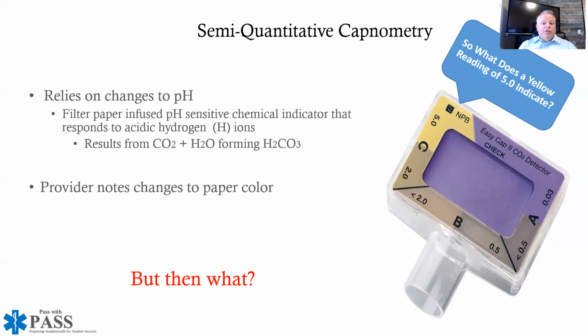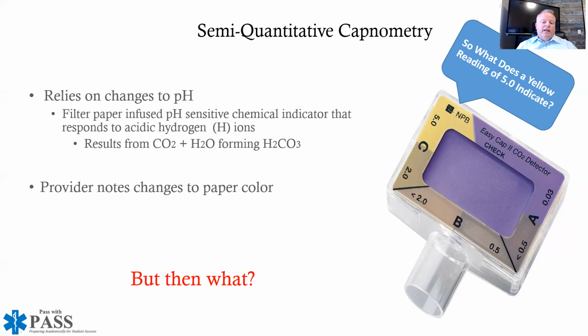Previously, I've always just mentioned that the paper inside of your colorimetric device is a piece of litmus paper that reacts to hydrogen ions. Hydrogen ions are very acidic. So when the patient exhales, if there's hydrogen ions attached to that exhalation, it will cause that litmus paper to change colors. That's kind of how it works, but not really.